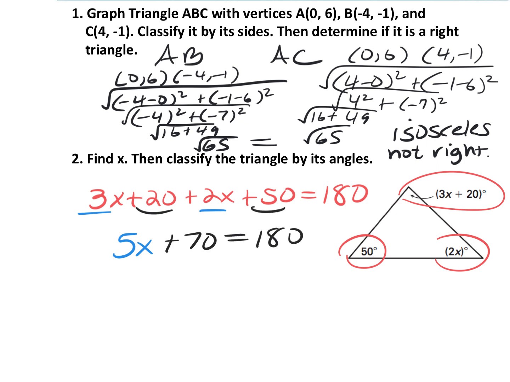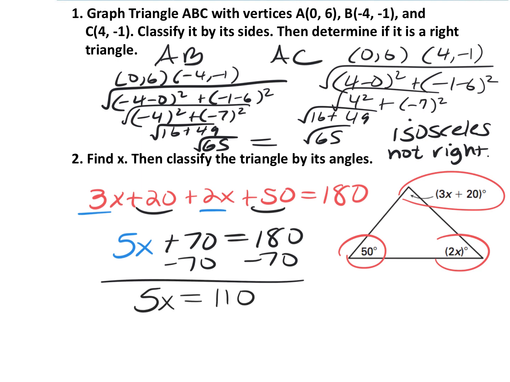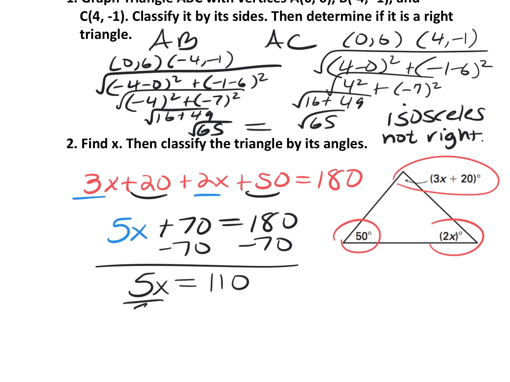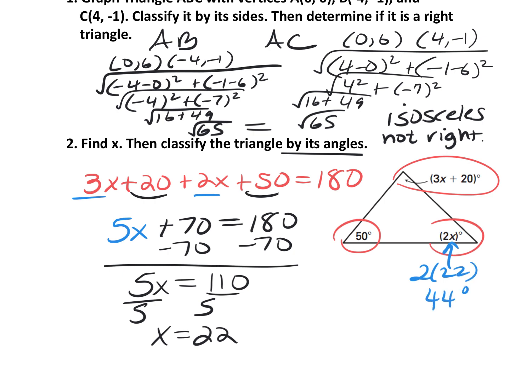Now that I've combined my like terms, I can begin my solving process. I'll subtract 70 from both sides. I get 110, divide by 5, and x equals 22. Now I'm going to take that value of x because it wants me to also classify it based on its angle measures. So if I take the 22 and I plug it in here, 2 times 22, that angle's 44.